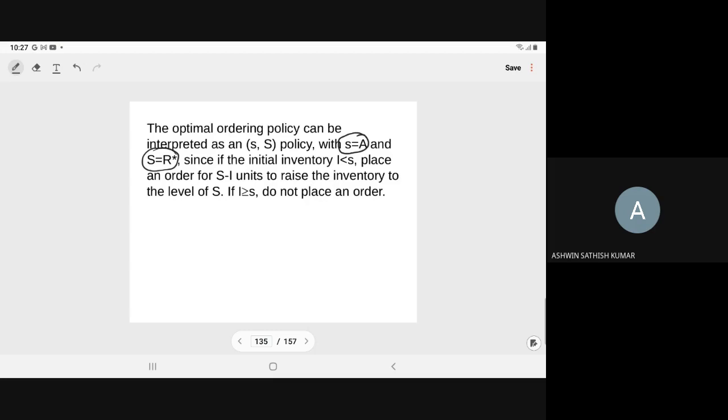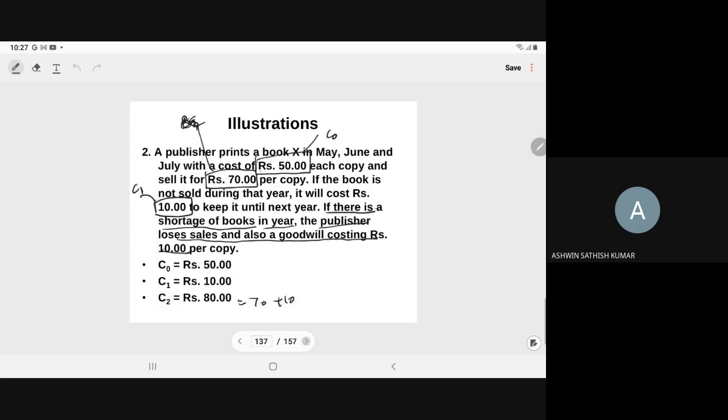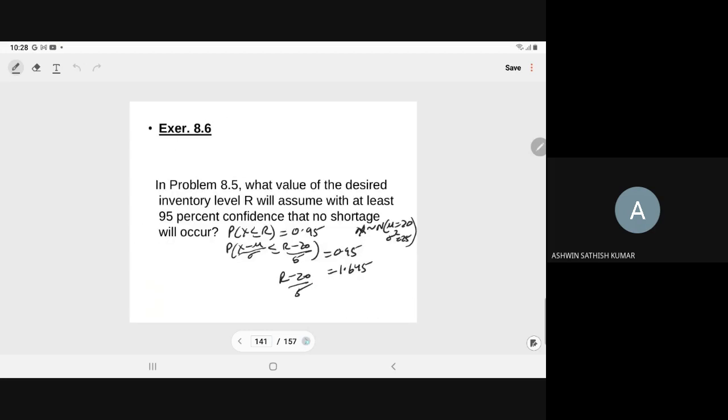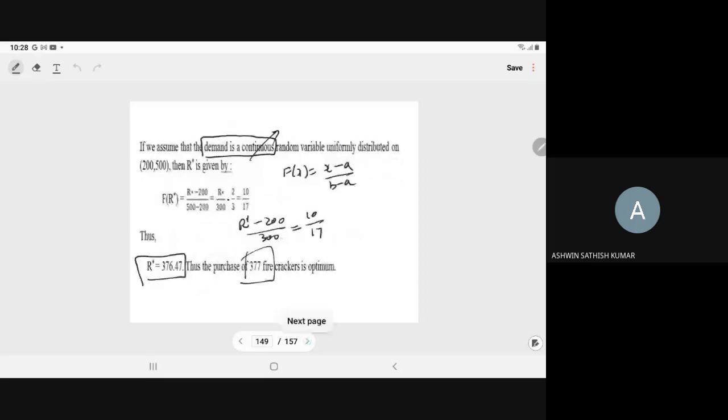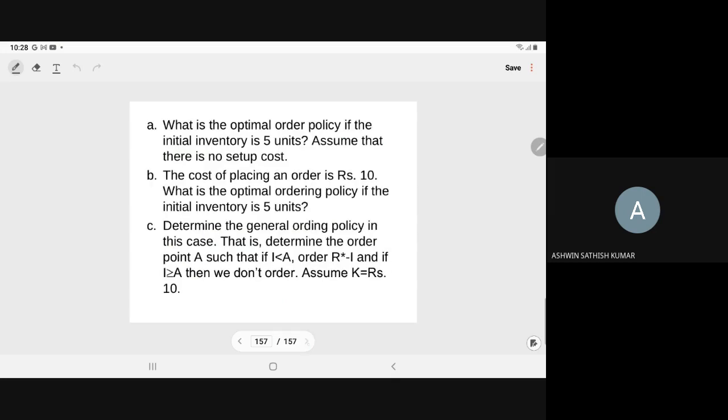Since the initial inventory I is less than A, place an order of quantity S minus I to raise the inventory to the level of S. If I is greater than S, do not place an order. That is the optimum ordering policy. All this illustration we have done in the last class. Is there any doubt to understand that equation?